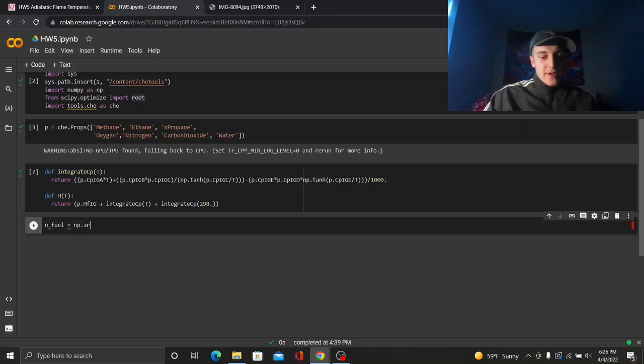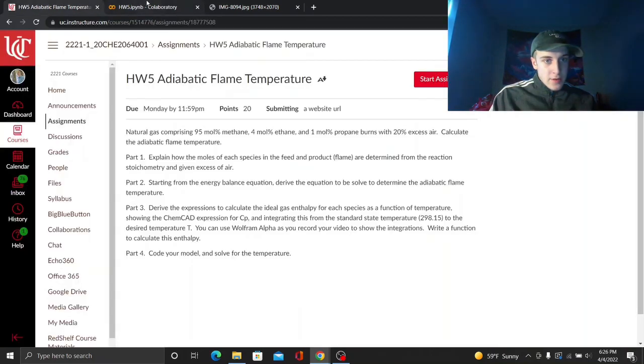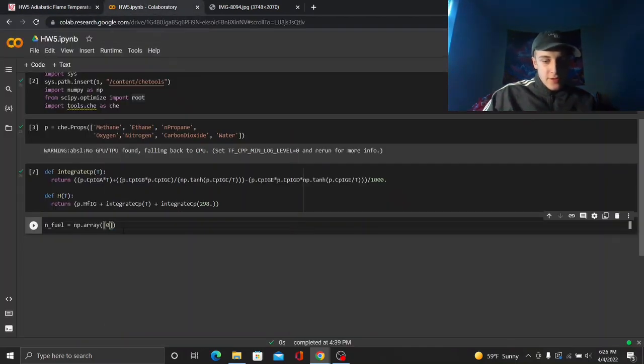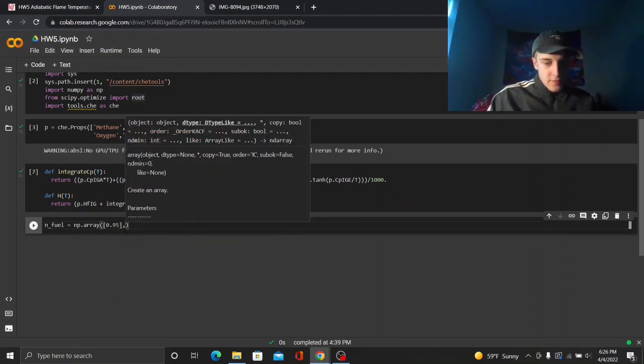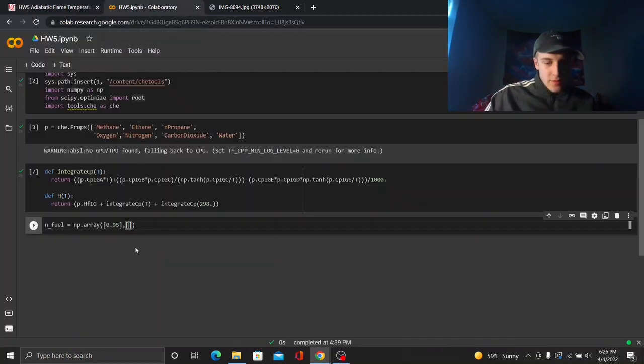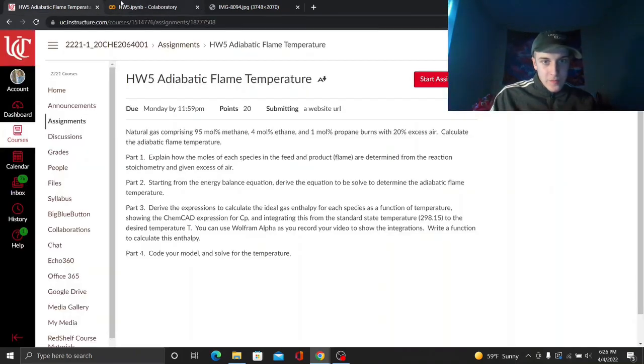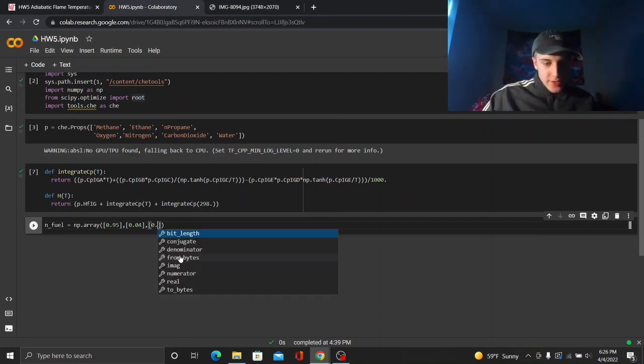And this will be an array. It will be 0.95, 0.04, and 0.01.